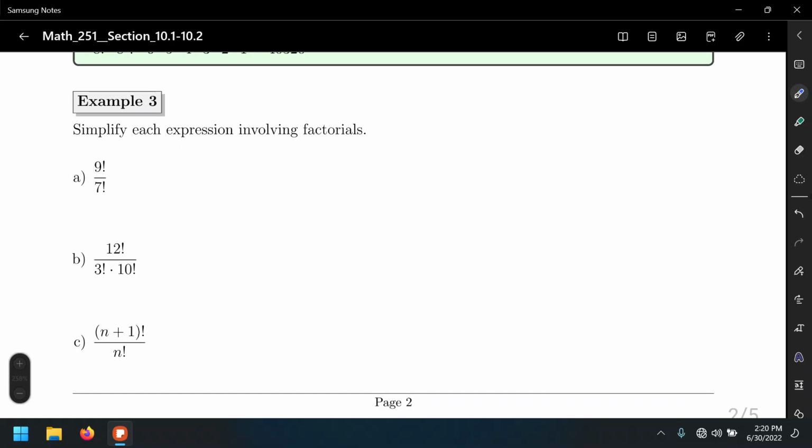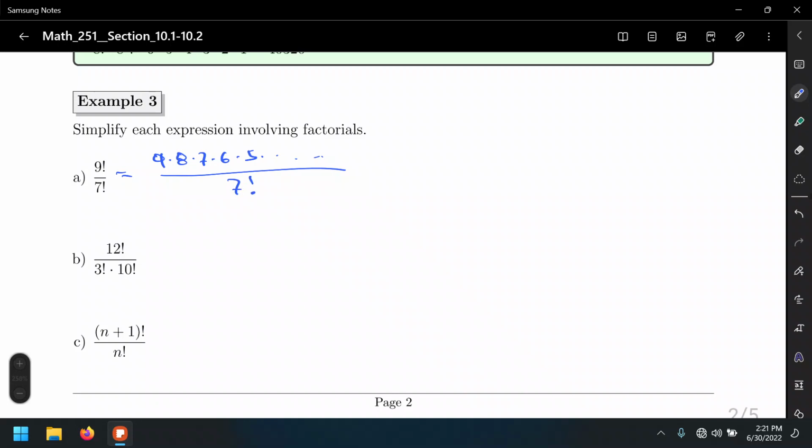All right? So let's simplify these expressions involving factorials. The idea, when we work with these factorial expressions, is to simplify them in a way that no more factorials are left in the expressions. What we do is work on the largest of the factorials. So between 9 factorial and 7 factorial, which one is largest? We're going to expand the 9 factorial. So we could do 9 times 8 times 7 times 6 times 5 and so on, divided by 7 factorial.